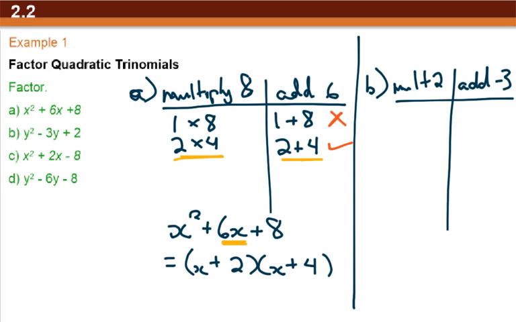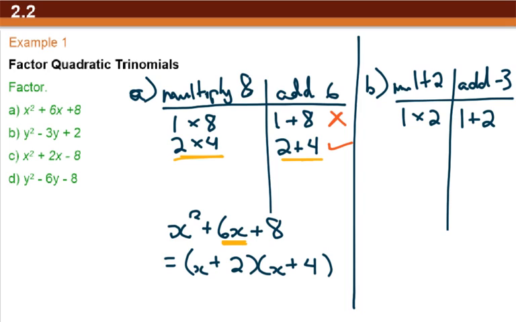So we start off, what can we multiply to make 2? Well, we can multiply 1 times 2. Check the adding. 1 plus 2 gives positive 3. Positive 3 is not negative 3, but it's close. All that's different is the sign.